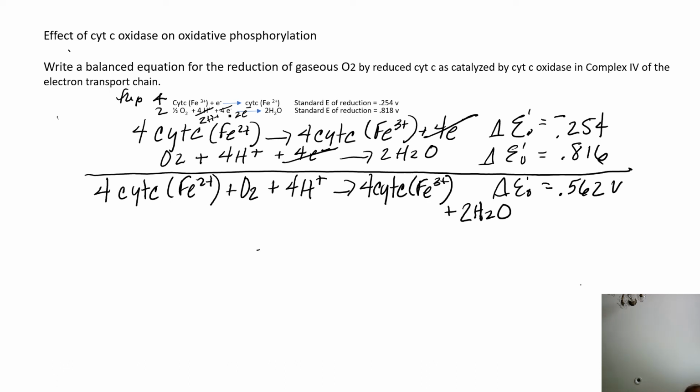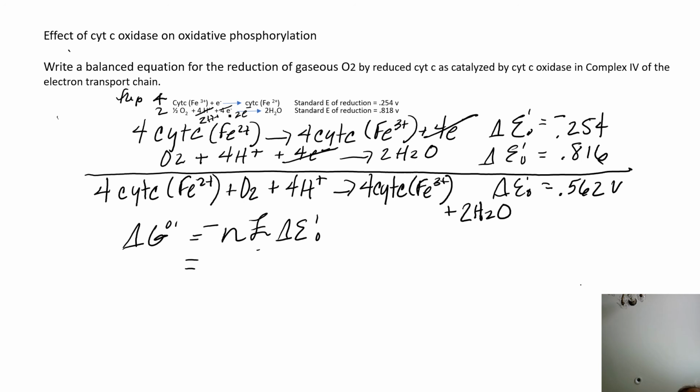So now we can calculate our delta G, since we have the overall standard reduction potential for that reaction. And that's going to equal negative n times the Faraday constant times our standard E of reduction for that reaction.